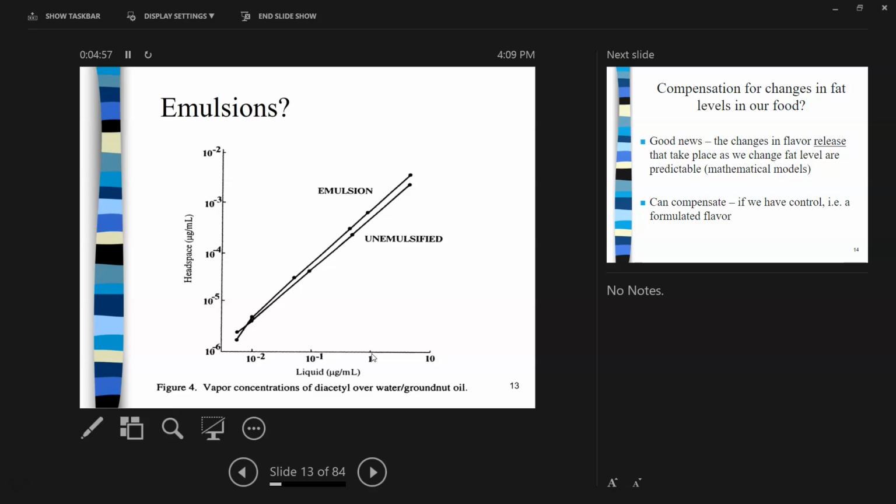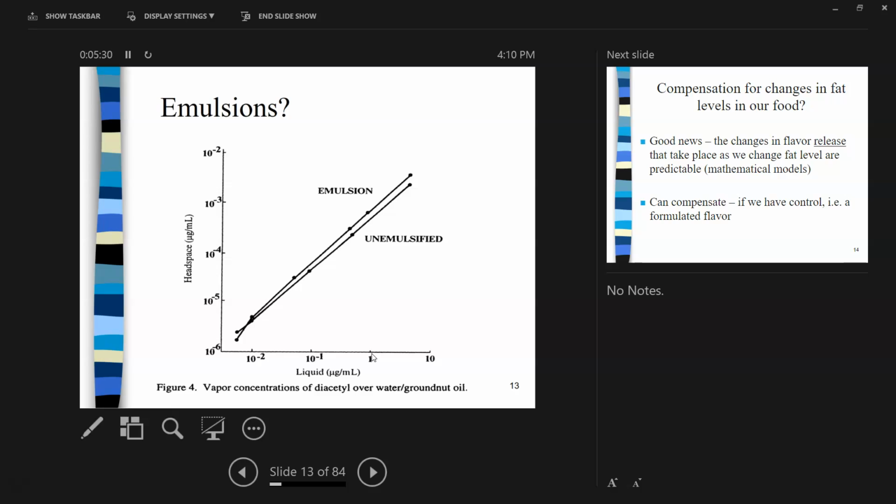It's a little interesting why we even do this, but they're adding groundnut oil to it. And so diacetyl, a water-loving compound, in a water system. And so you look at the vapor pressure, the volatility. If it's making an emulsion, it kind of goes up with concentration. Emulsified, there really isn't much difference. Some people say, gosh, if I make an emulsion, will it change my intensity of flavor? For some compounds, especially water-soluble compounds, it doesn't.